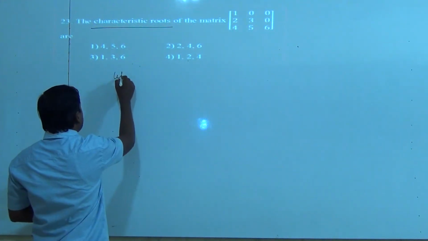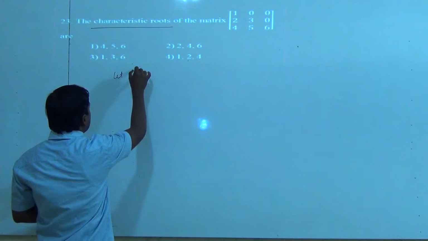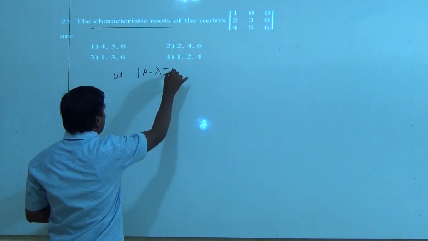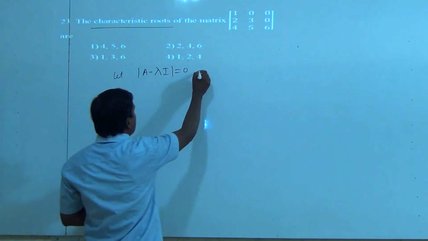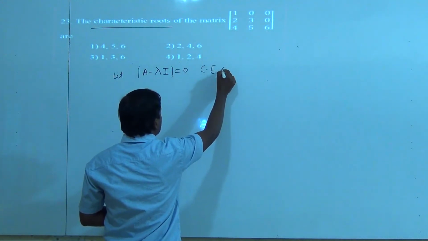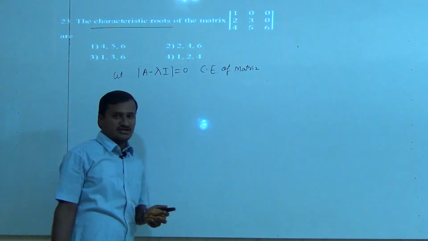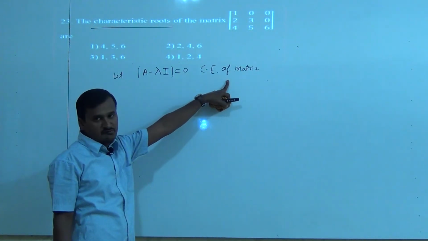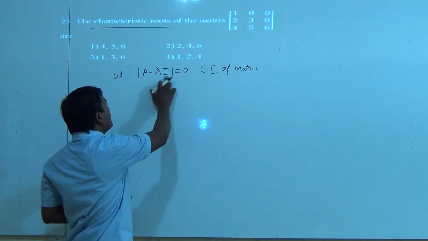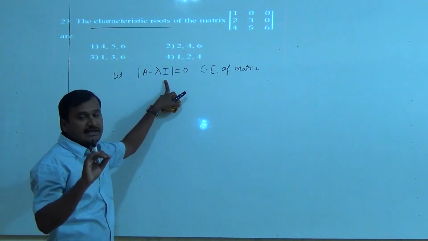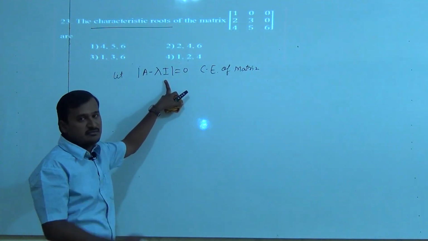So let A be any square matrix, then determinant of A minus lambda I equal to 0 is called the characteristic equation of a matrix, and the roots of this equation are called characteristic roots of the given matrix.